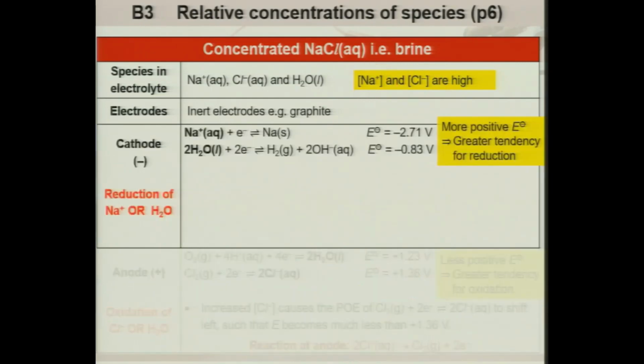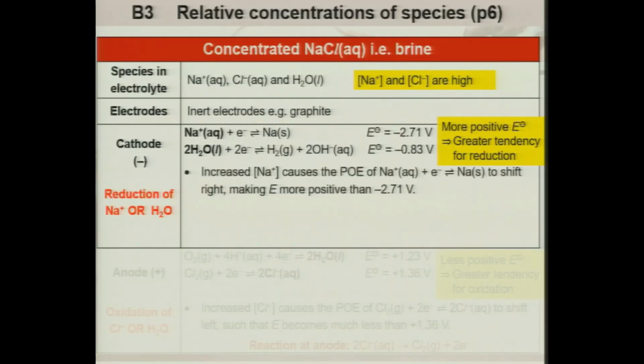Now, if you look at the cathode, the situation is a bit more complicated. Yes, you are increasing sodium concentration. Because you are increasing sodium concentration, this equilibrium involving sodium will shift to the right. What this means is this value will become more positive, but it is not possible to make it more positive than minus 0.83.